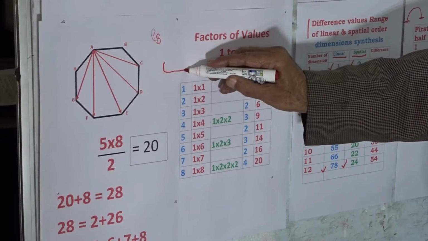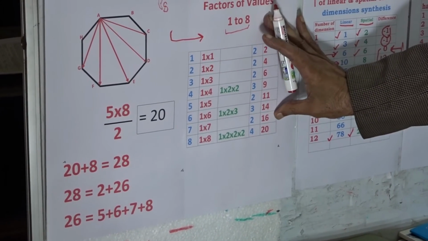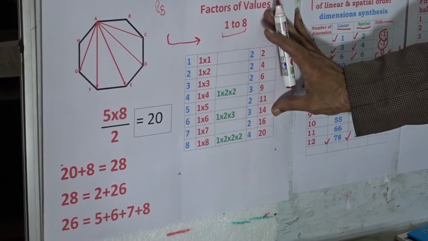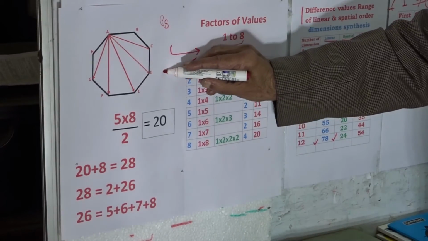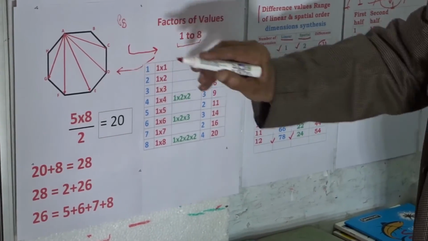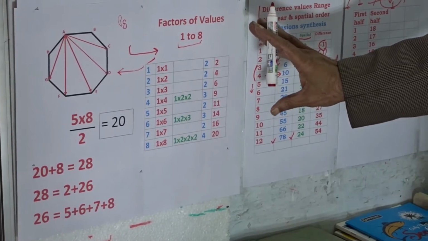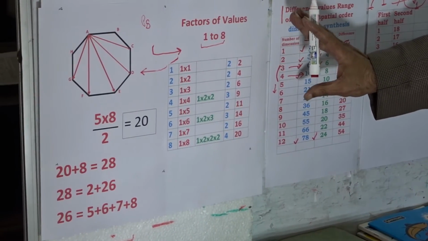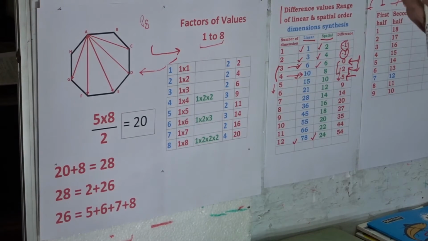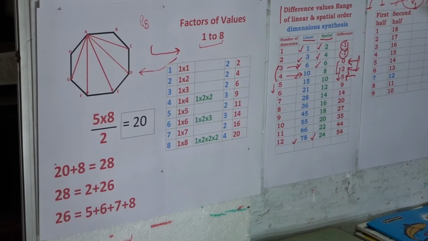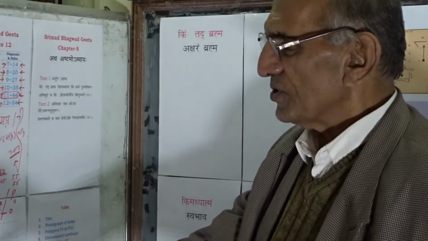Yoga Nishta presumes the existence of artificial values of numbers, while Sankhya Nishta presumes the existence of the geometric formats. And here, in case of P8 and the factors of the values 1 to 8, the difference value is going to be 0, or in both cases we are reaching value 28.